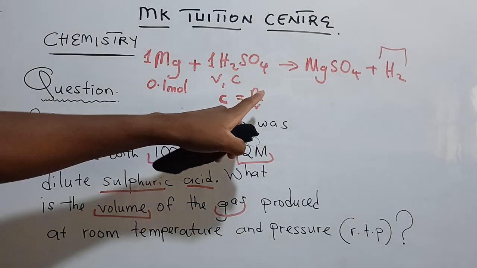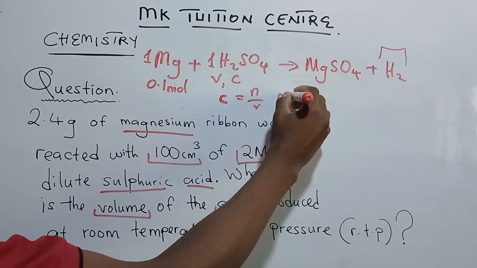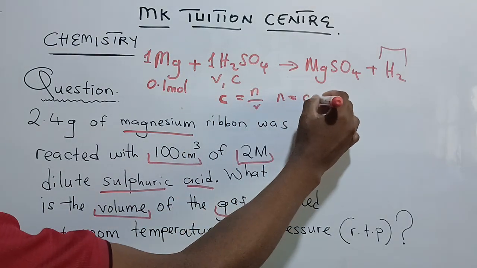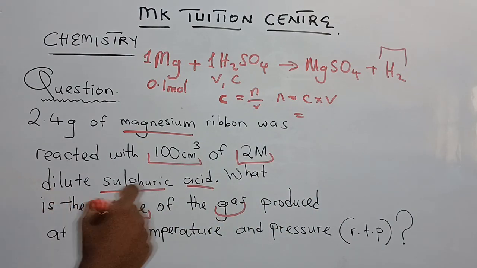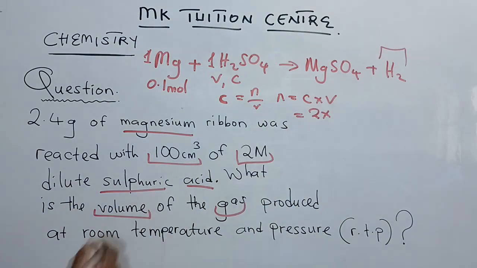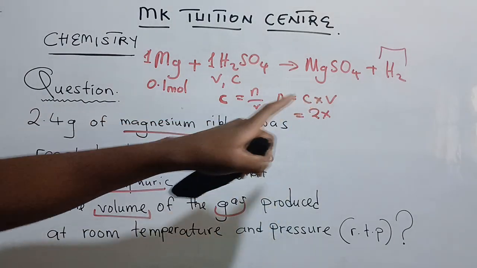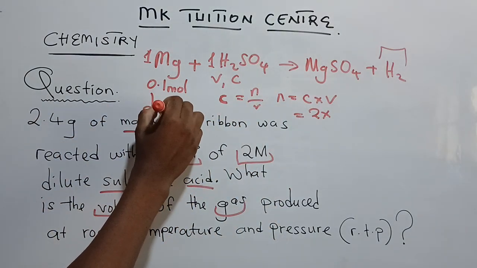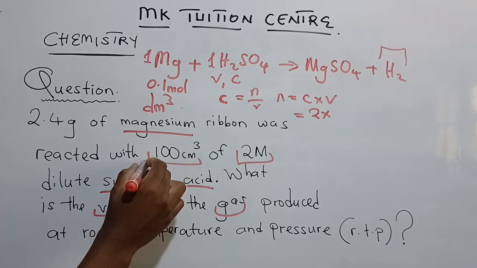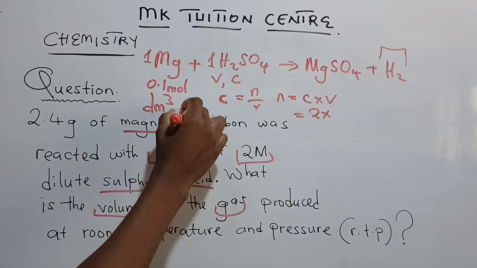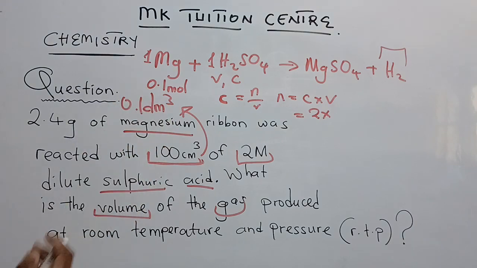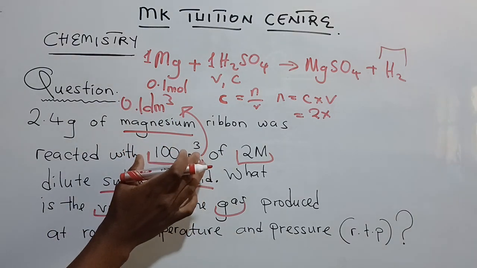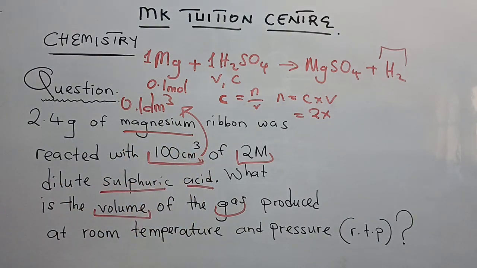So you can just make n the subject, so you're going to have n equals C times V. And then C in this case is 2, multiplied by the volume, which is supposed to be in cubic decimeters. So you're going to convert this to cubic decimeters, and then you're going to have 0.1 cubic decimeter. If you don't know how to convert this, just simply text me, inbox me right away, and then I'll give you some guidance.